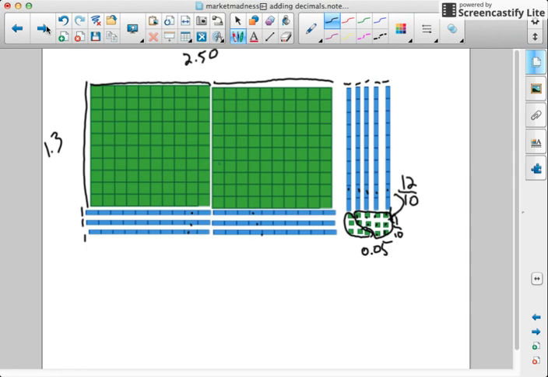If I regroup that, 10 tenths gives me 1 whole, so this would give me 1 whole and 2 tenths. So I have 2 tenths left over, so let's put that 2. And I have 1, 2 wholes, and then this extra one that I regrouped, so 3 wholes. So I end up getting 3.25. Setting up the question is often the most difficult part, then just doing your regrouping and counting up what you have.